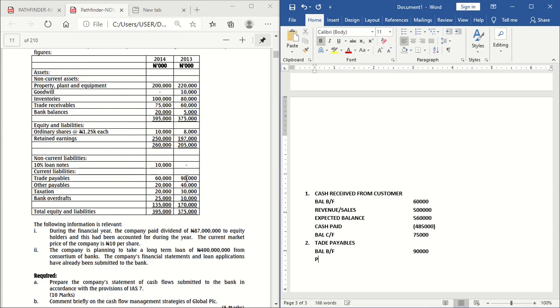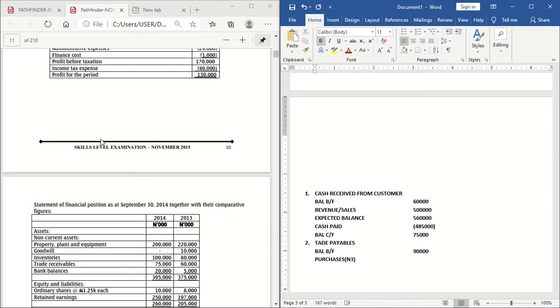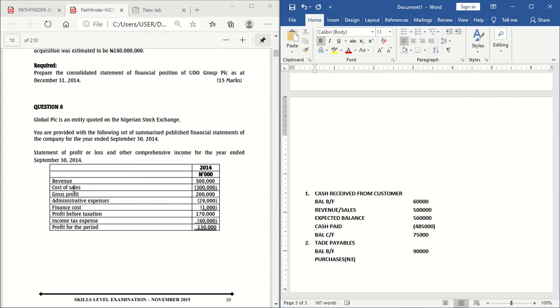Now we purchased from them during the year, so we need our purchases. Now another problem. If you come to your statement of profit or loss, we can all see that we have cost of sales, but we did not have purchases. So if that is the case, can we get our purchases? Yes.